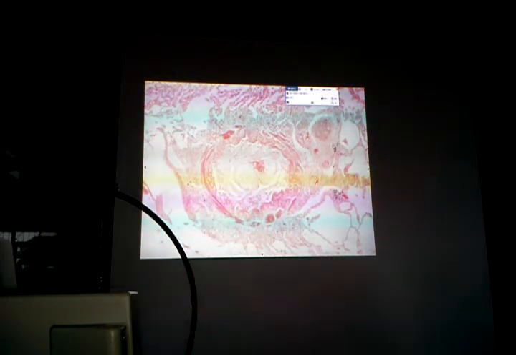Type 1, which is also called immediate hypersensitivity reaction. What type of antibody is involved? IgE. So once an allergen binds to IgE antibody on the surface of what cells? Mast cells.